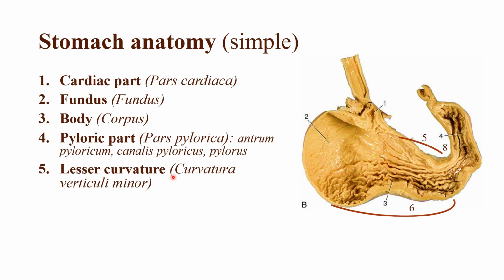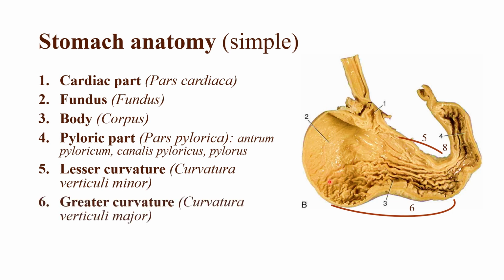Then we have the lesser curvature, so basically a less wide curve of the stomach. And then we have the greater curvature, so the wider, the bigger curvature of the stomach, which is basically on the bottom. Then we have incisura cardiaca, so basically the incision where the esophagus enters the stomach.